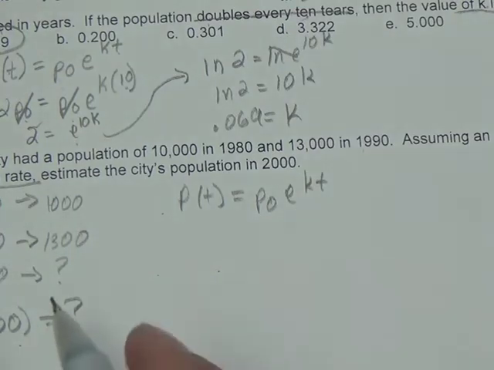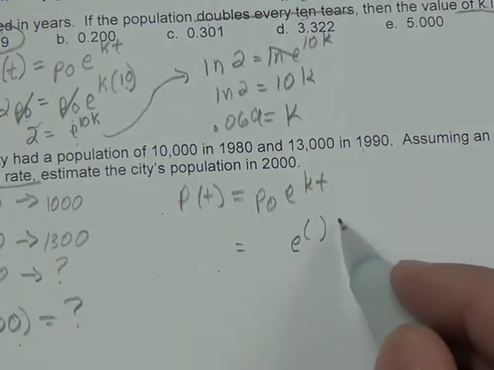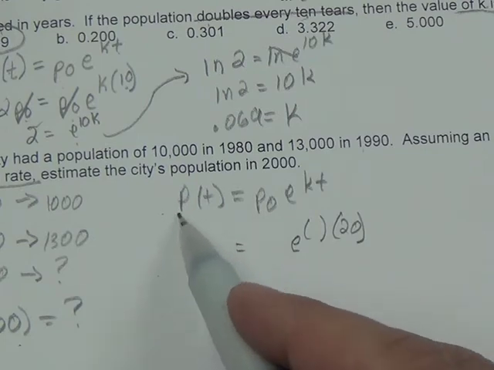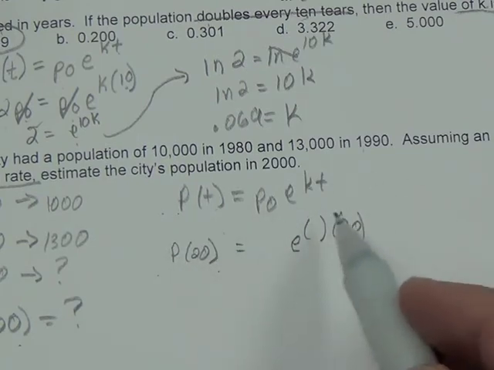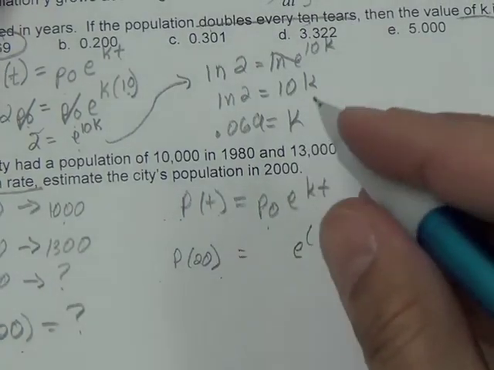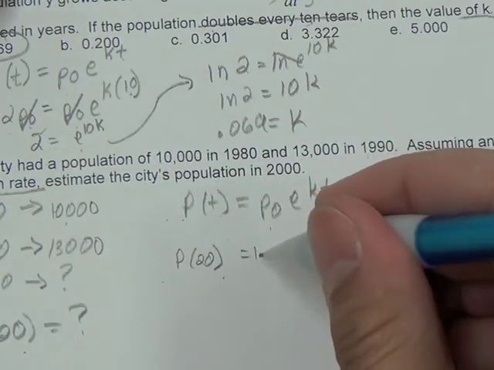Since I want P of 20, I need to let my time be 20. Here we're going to say P of 20 equals whatever this is going to give us. Well, you know the initial population as well. That was 10,000.